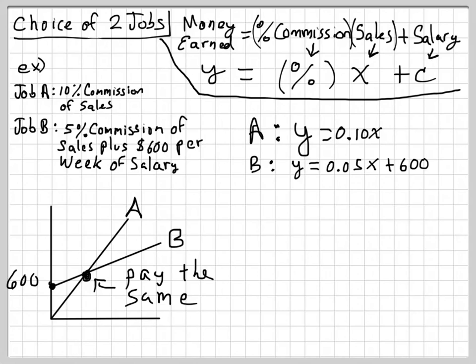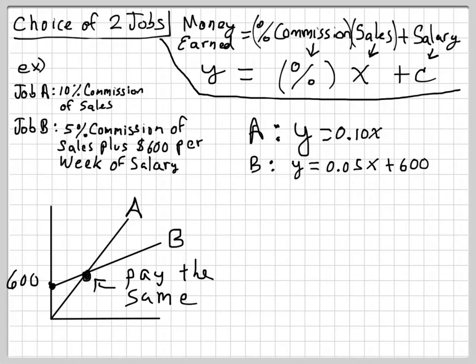And choice B, or job B, is 5% times the total sales, which I'm indicating with the variable x, plus the salary of 600, which in our case would be C in the equation that I have on top.